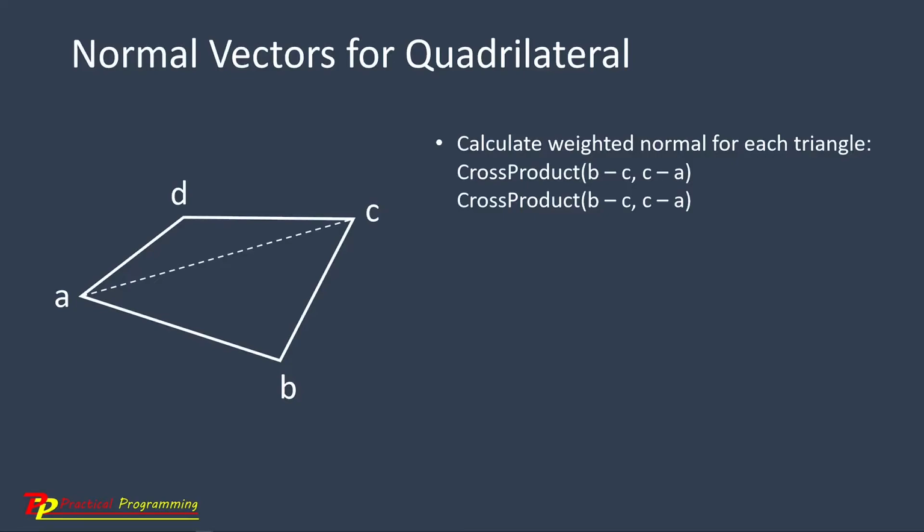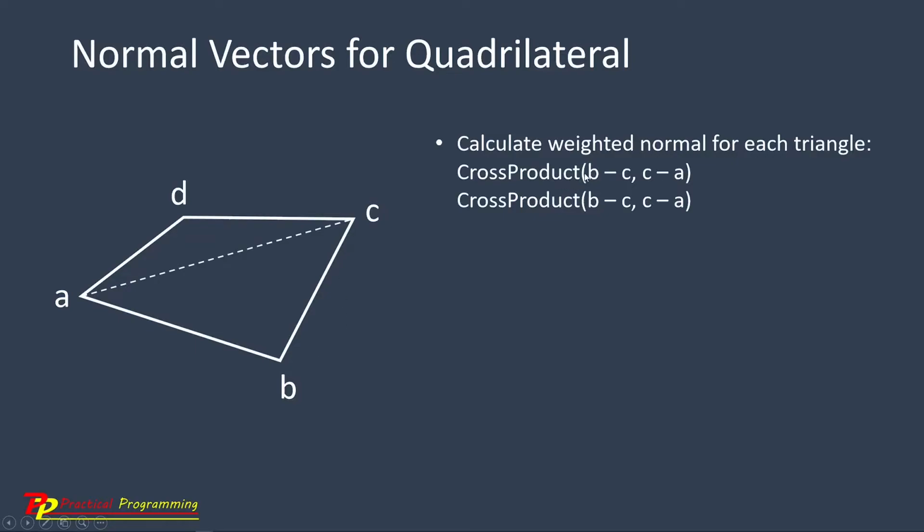The triangle with a larger area will get more weight. As we know, the area of a triangle is proportional to the cross product of two of its sides. For example, for the triangle ABC, the weighted normal is the cross product of side BC and side CA.